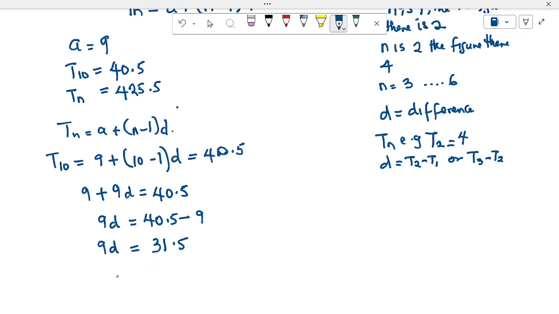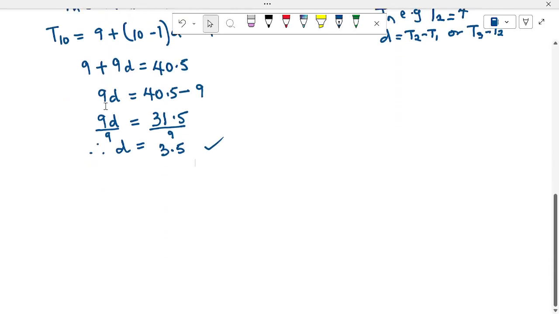Therefore, our d will be, divide this side by 9. Whatever you do to this side, do to that side too. Divide by 9. So therefore, our d is 3.5. So that is the first one. We got our d to be equal to 3.5. That step attracted 2 marks.